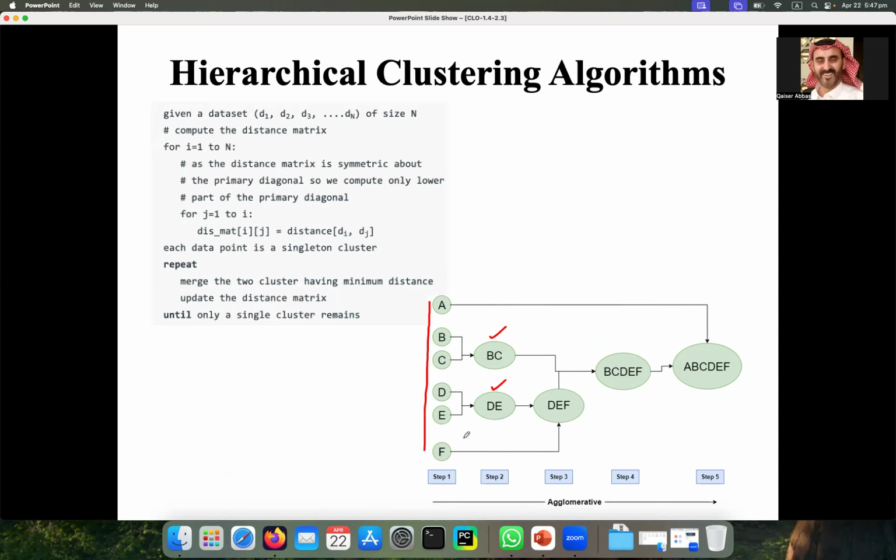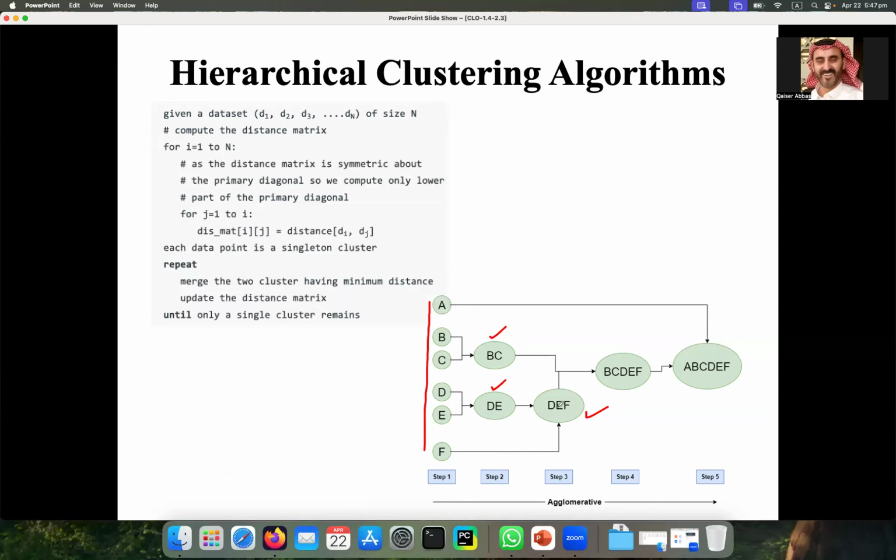Now you have the new clusters, and you will again calculate the distances. Based on the minimum distance, for example, here D, E, and F has the minimum distance, so you are merging them. So now how many clusters do you have? You have A, B, C, and D, E, F.